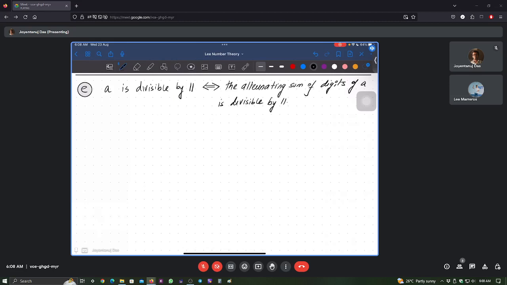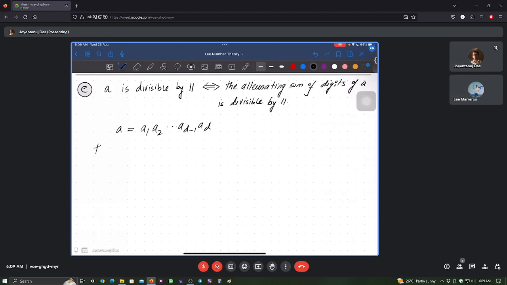What do we mean by alternating sum of digits? Suppose there are d digits, so we take a to be a1, a2, up to a(d-1), ad.